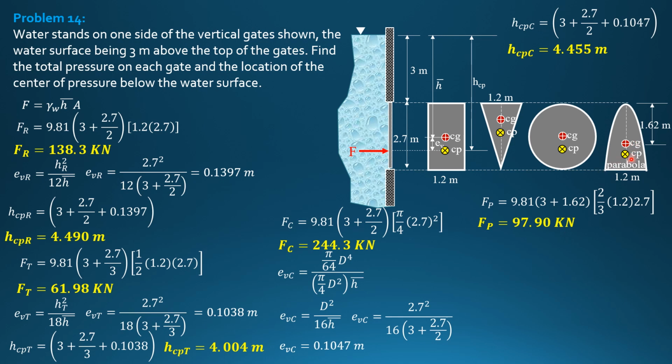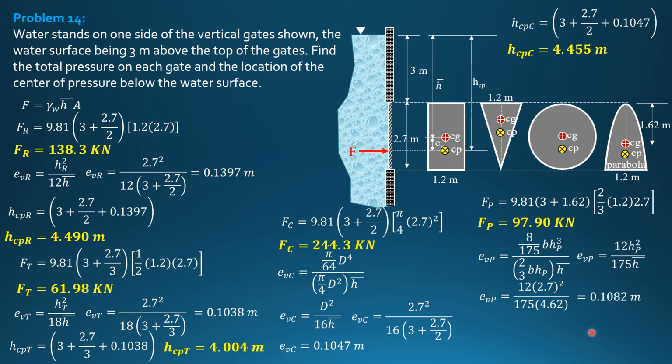While E sub V of parabola is, remember, moment of inertia with respect to the centroid, 8 over 175 base times height of parabola cubed, over area of parabola 2/3 base times height of parabola, then barred H, which simplifies to 12 height of parabola squared over 175 barred H. Substitute 12 times 2.7 squared over 175 times 4.62, where barred H is 3 plus 1.62, 4.62.